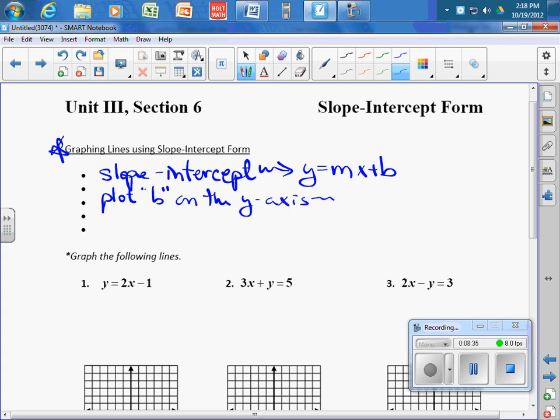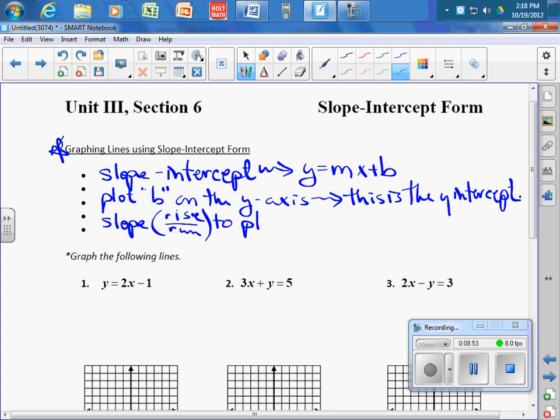Why? Because this is the y-intercept. From there, we'll use the slope, rise over run, to plot more points. And from there, you can draw the line.